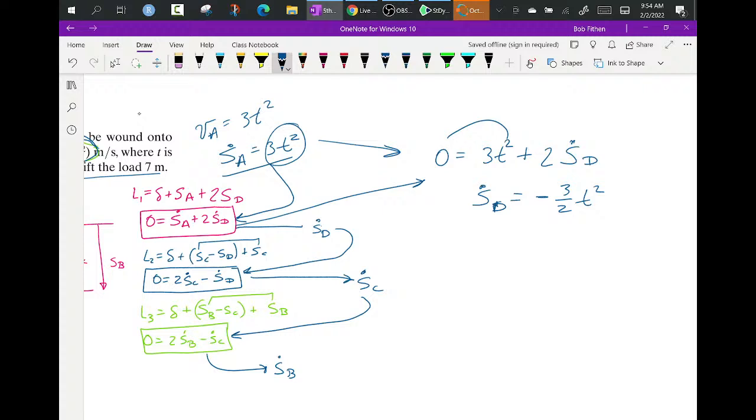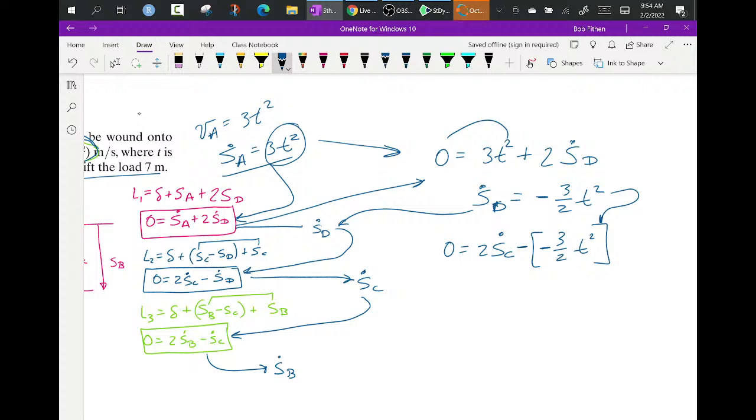Now I'm going to take that and shove it in the next equation, 2 SC dot minus SD dot, which becomes minus 3/2 t squared.